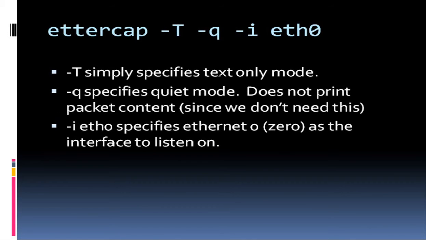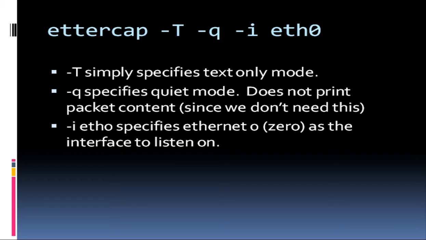Now, with all of this, we did have to fire up Ettercap as well. We passed the -T option with it, which simply specifies text-only mode, because we don't want to deal with GUIs and trying to configure this via GUI. We passed the -q option, which specifies quiet mode and does not print packet content since we don't need it.